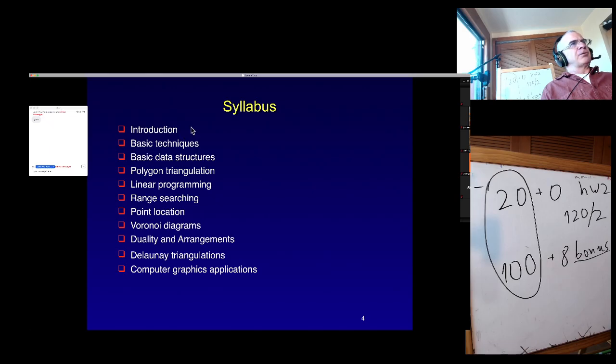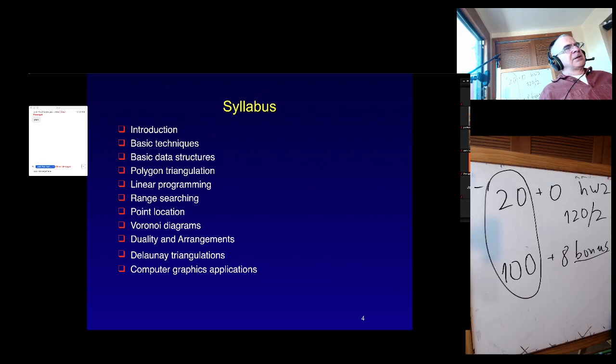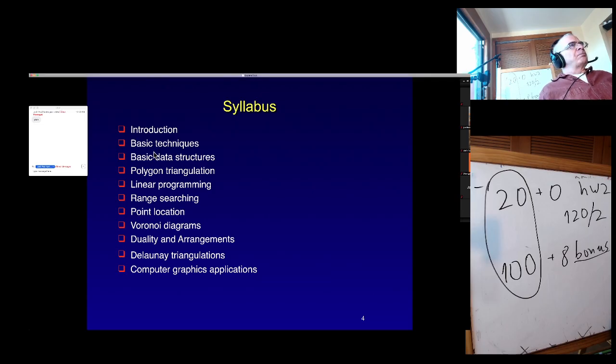I'll also mention a few of the many problems of computational geometry. Together with it, I'll speak about some of the very basic techniques that are transferable to many other problems. We will talk about basic data structures.